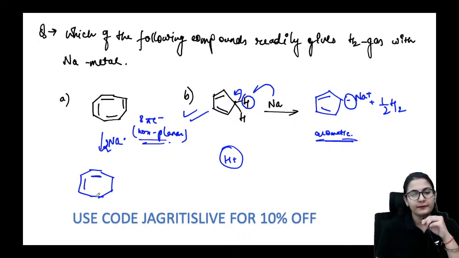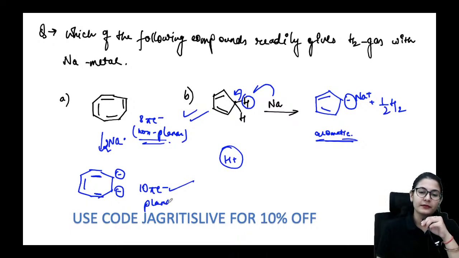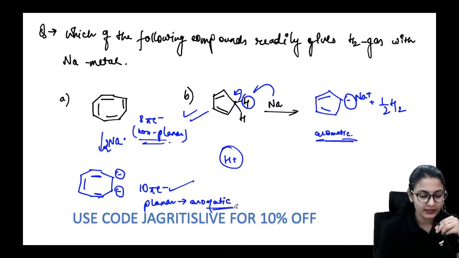When two electrons are transferred from sodium, you are going to have two negative charges like this. How many pi electrons now, guys? 1 2 3 4 and 5, so total 10 pi electrons. Now it is aromatic. Now it is going to be planar. Okay, yes, this is what you have.